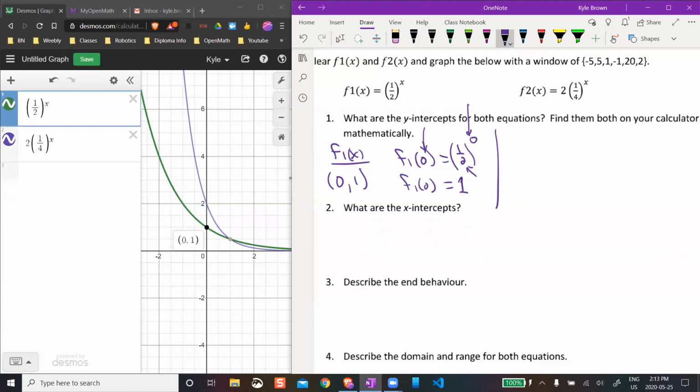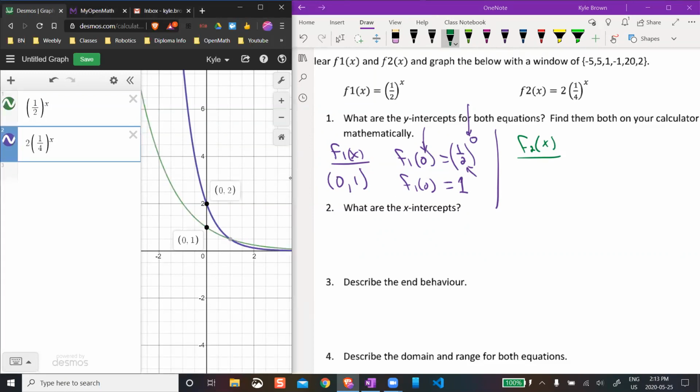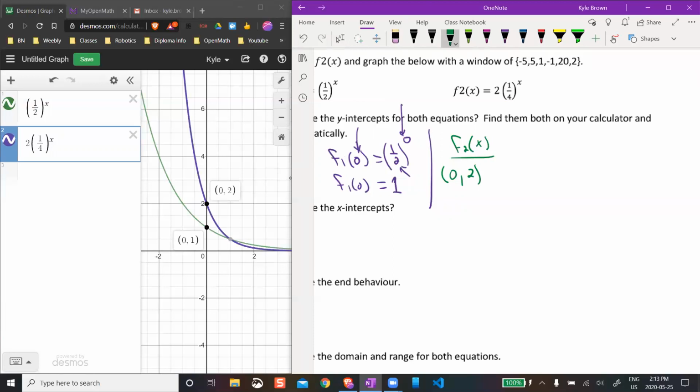Okay, next one. f2 of x. That's the purple line there, and that happens at, again, (0, 2). Doing that algebraically, f2 of x is equal to 2 times 1/4 to the power of x. So what is f2 of 0?